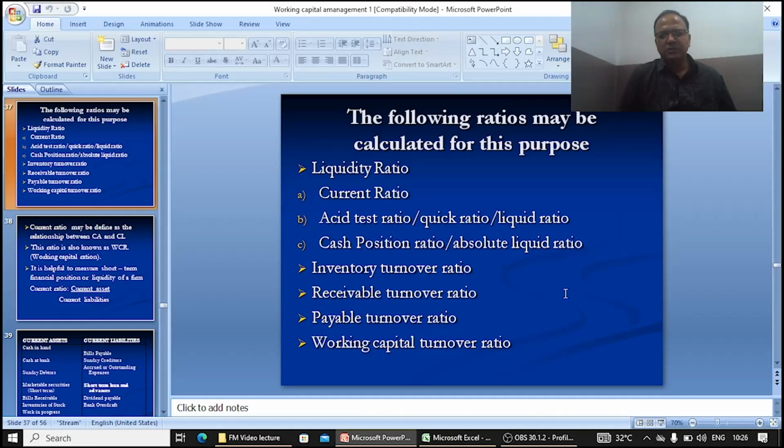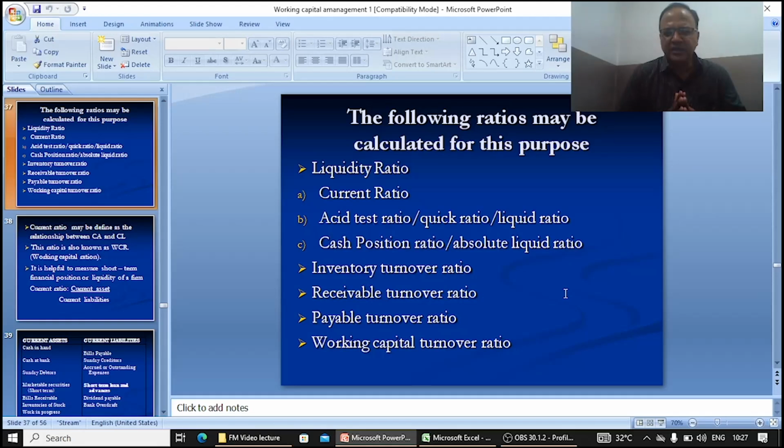In that condition, creditors or prospective investors may hesitate to become a part of your organization. So it's a moral responsibility of the management to keep the ratios attractive so that we may attract outside investors in our organization.